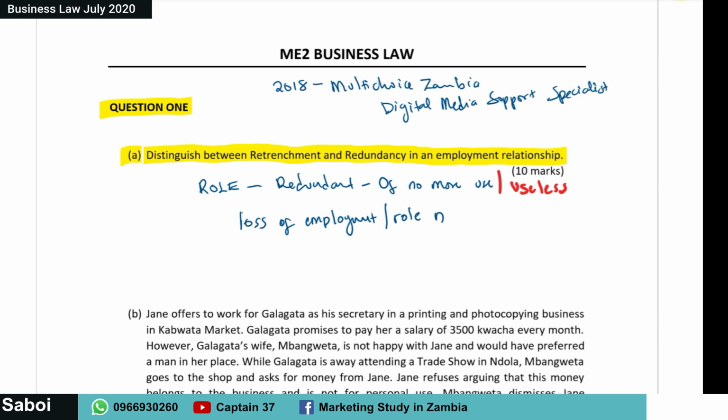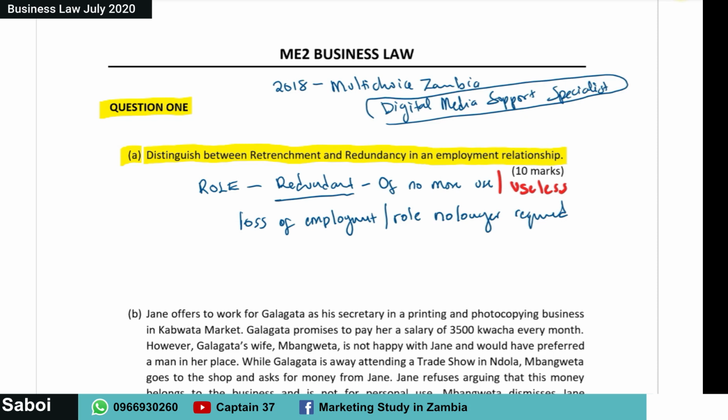Role no longer required. So the term redundancy itself is an English word which means of no more use. And so a business may no longer need the role of digital media support specialist.